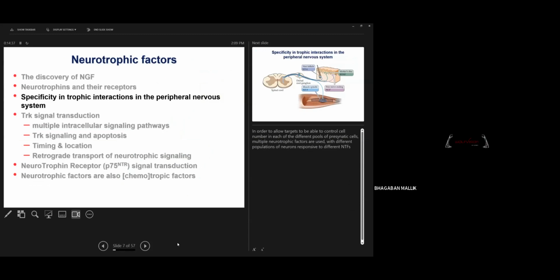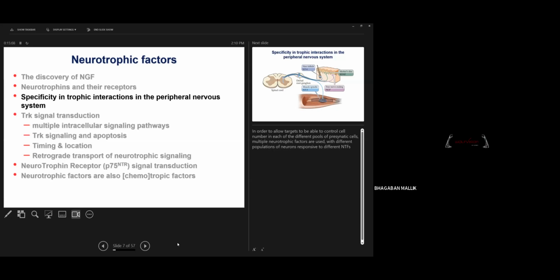So we talked about some of these neurotrophins and their receptors, like BDNF or NT3 or NT4, and the receptors like Trk, type A or type B. And we also talked about some of the trophic factors which are not neurotrophins, which can also cause neuronal growth, like ciliary neurotrophic factor, or glial derived neurotrophic factor.